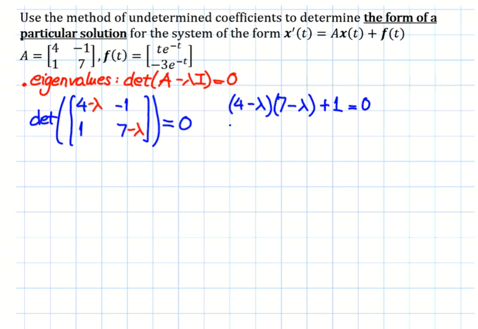Multiply them out. 28 minus 4 lambda minus 7 lambda, minus 11 lambda, plus lambda squared, plus 1 equal to 0.